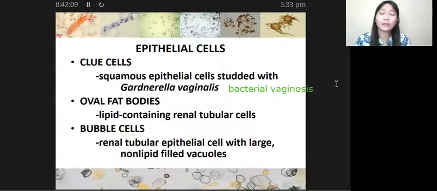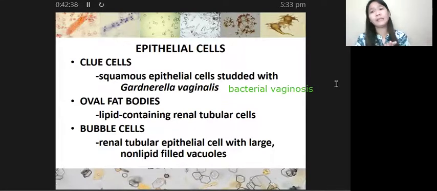Take note, pag sinabi nating lipiduria, dalawang lipids ang pwedeng present. It's either your cholesterol or your neutral fats, otherwise referred to as your triglycerides. Tama? Okay. So ang ating oval fat bodies, renal tubular cells naman siya.